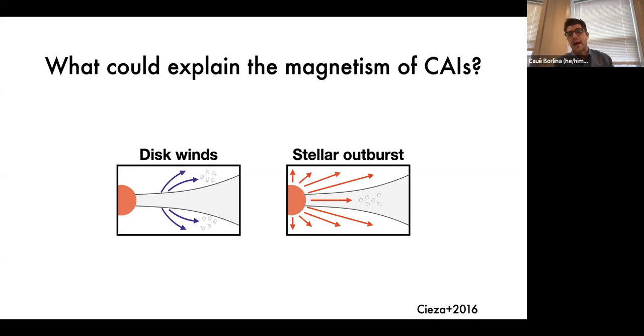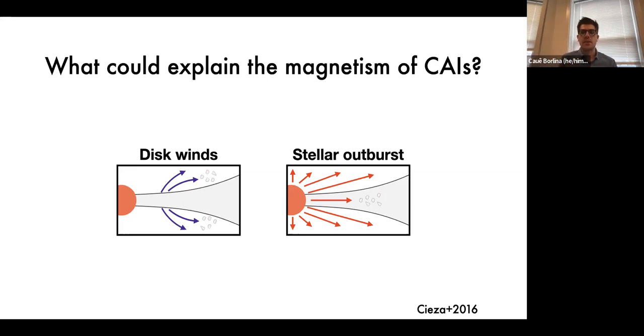Another mechanism is the stellar outburst. So there have been several ways, and I mentioned one in the beginning of the talk, which is magnetorotational instability, to fundamentally move CIs or material in general from close to the sun to further out regions.